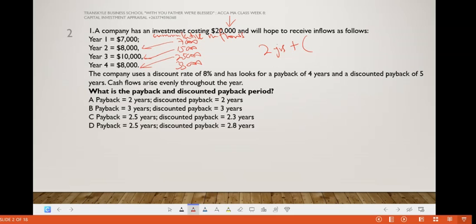We are looking at the investment of 20,000 minus 15,000, that is the year 2 recovery in aggregate, all divided by the 10,000.